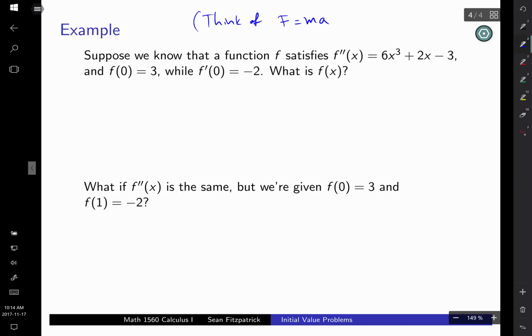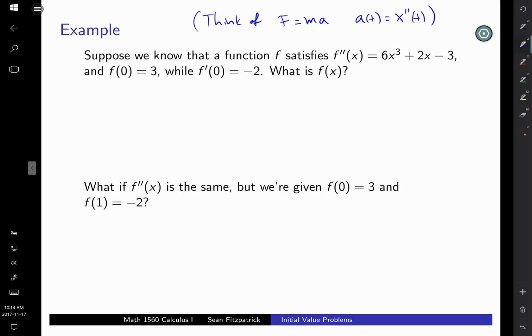If I know the force and I know the mass, I can get the acceleration, but the acceleration is given by the second derivative of position, right? So there are a lot of physical problems where I'm able to figure out what the acceleration is, and now I want to figure out what the position is. Well, now I'm going to need a fair amount of information. I'm going to need more than just initial position. I'm going to need initial position and initial velocity. Let me show you how this works.